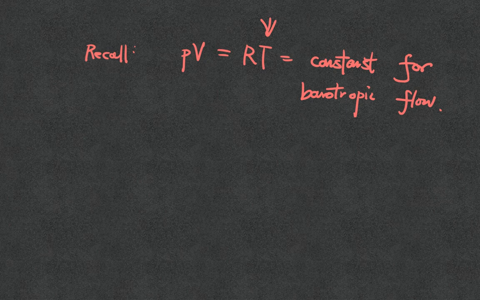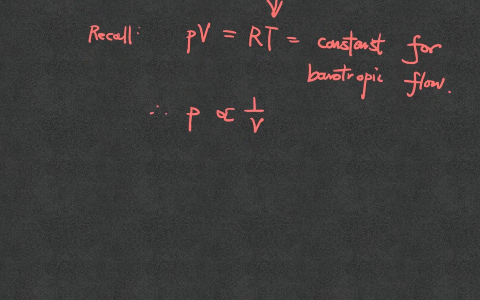For barotropic flow, we have a very simplified version where we say that P is proportional to 1 divided by V. Because it's proportional to 1 divided by V, and the density is m divided by V, and m remains constant, we have a very simple relationship: P is proportional to rho of alpha.